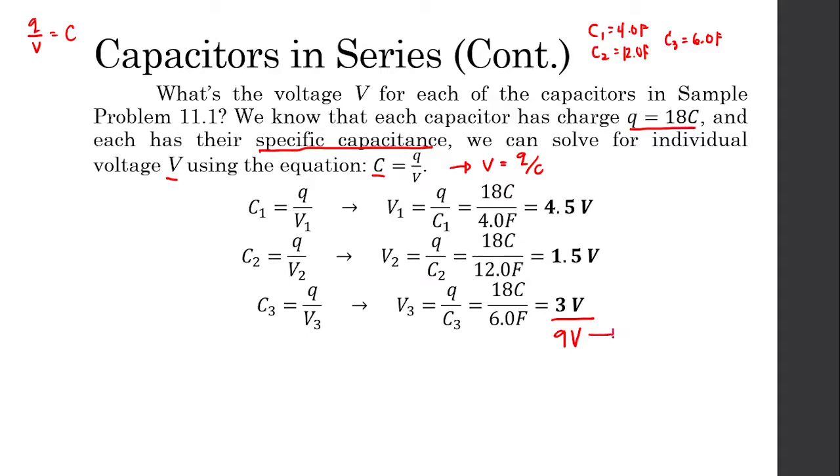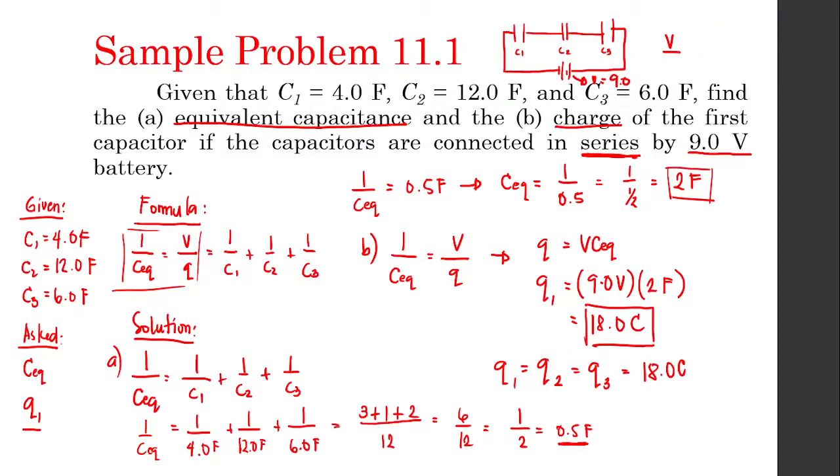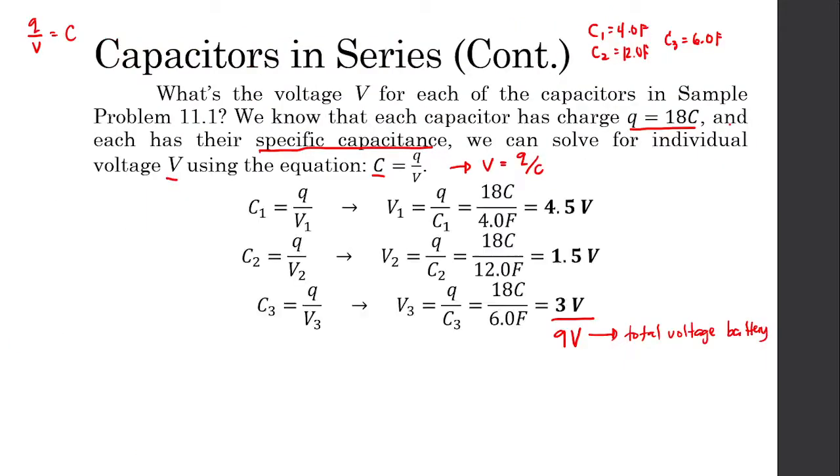It is basically the total voltage of your battery. So if we go right here, see, this is a given. This 9 volts is the total of all the individual voltages of your capacitors, and that actually makes sense.